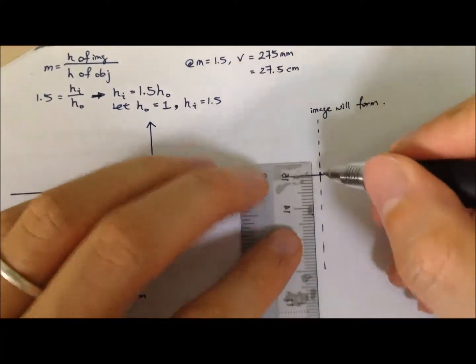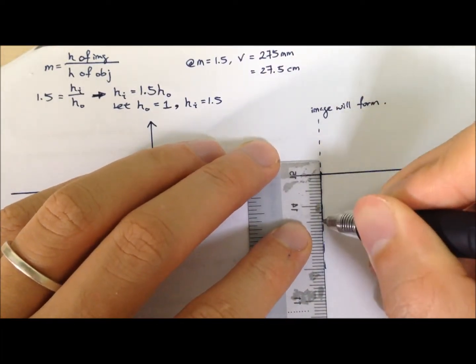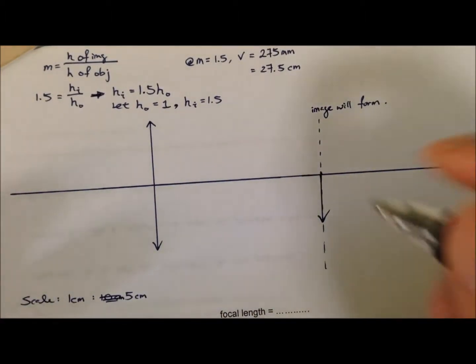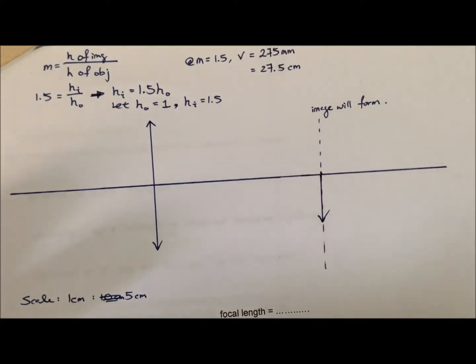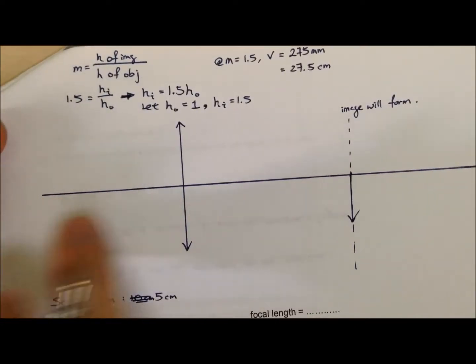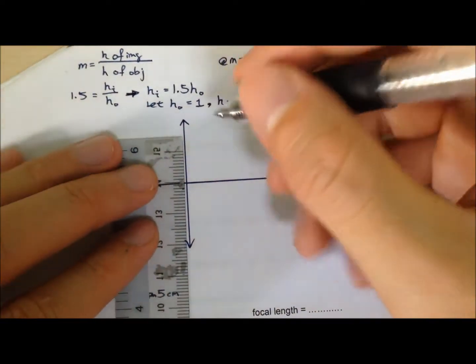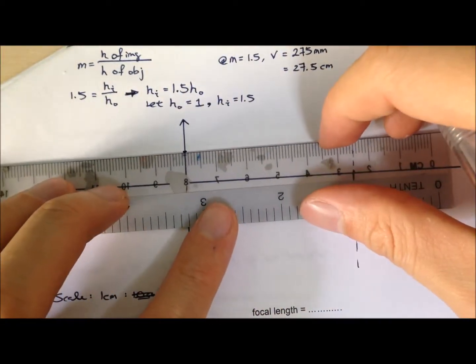So I'm going to measure 1.5 cm on my diagram. Right, and I know that when I have a 1.5 cm image, I'm going to get a 1 cm object. But I do not know where my object is along this line. I only know that it is going to be 1 cm height. So I'm going to draw a reference line of 1 cm height.